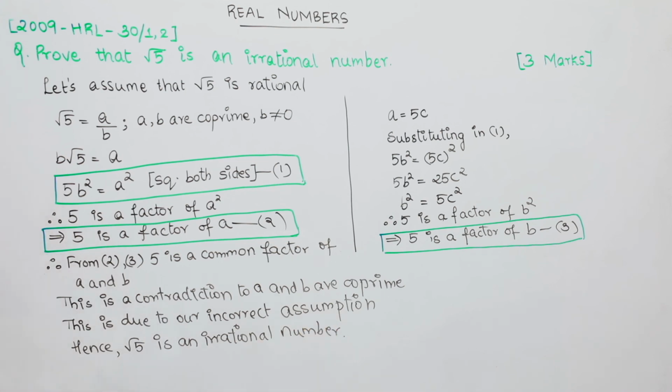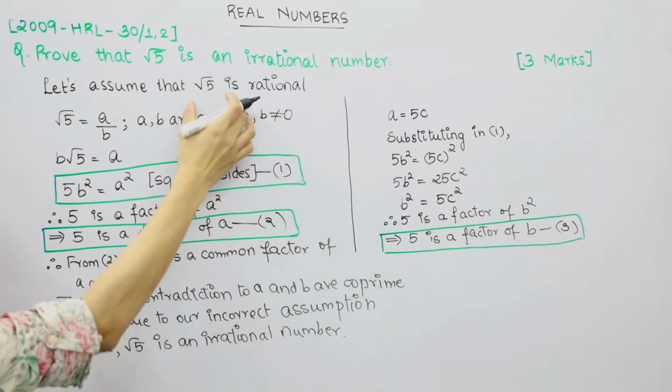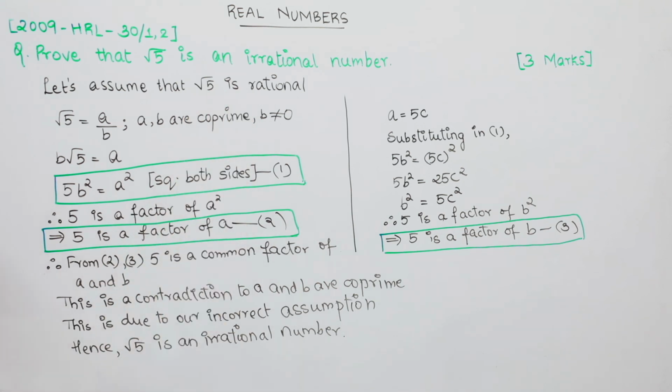So the method used here is called proof by contradiction. In proof by contradiction, we start with the assumption that the statement opposite to the statement to be proved is true. The statement to be proved here is root 5 is an irrational number. So we assume the opposite, that is root 5 is rational. Rational numbers can be expressed in the form p by q, where p and q are integers and q not equal to 0. When p by q is reduced to its simplest form, it becomes a fraction of co-primes.